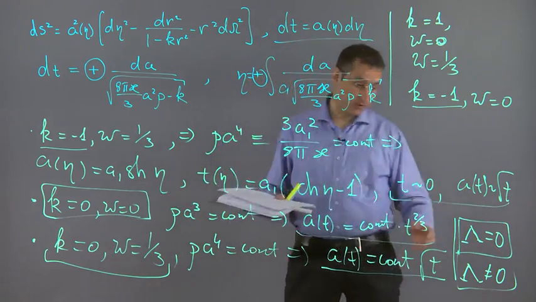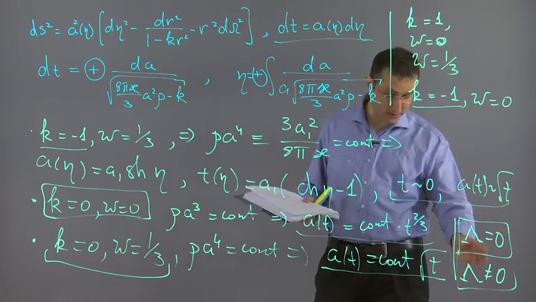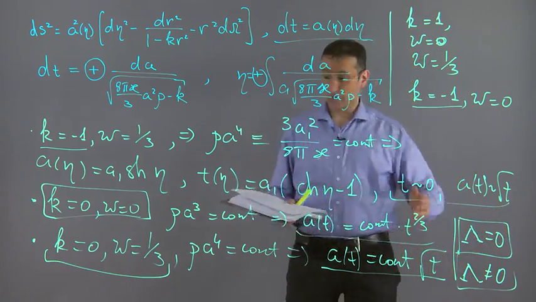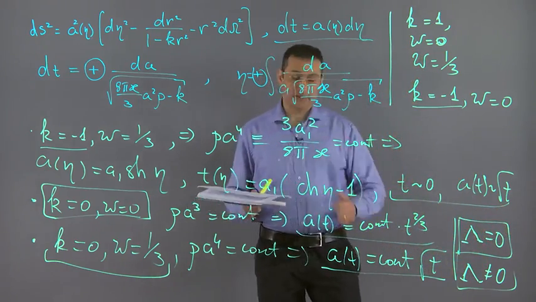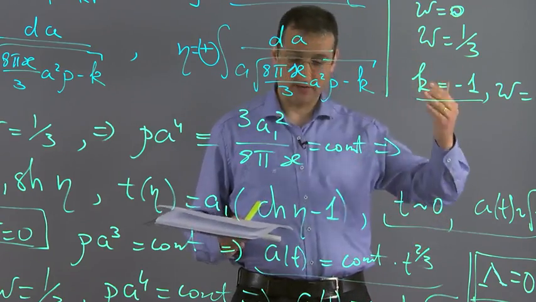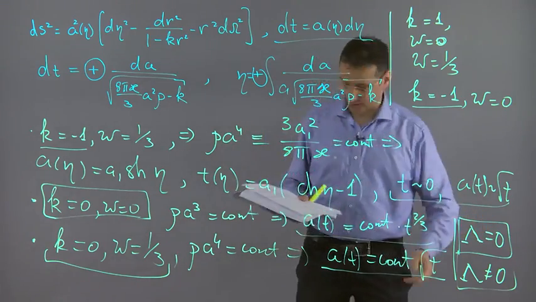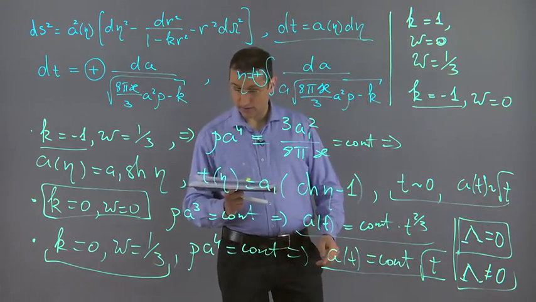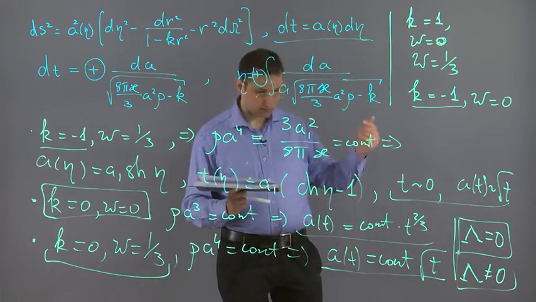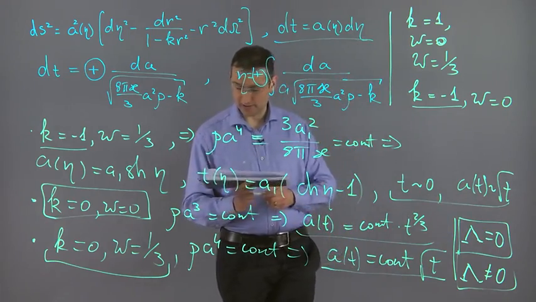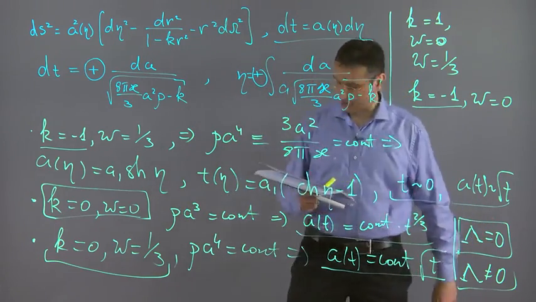Apparently, observational data show that lambda is not 0, but very small. And also, there are some signs that at the beginning of the universe, at early stages, lambda was big and not 0. That is the original inflationary expansion. And that will be discussed in the next lecture.